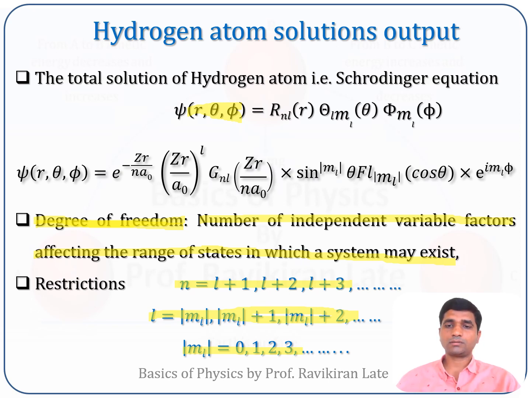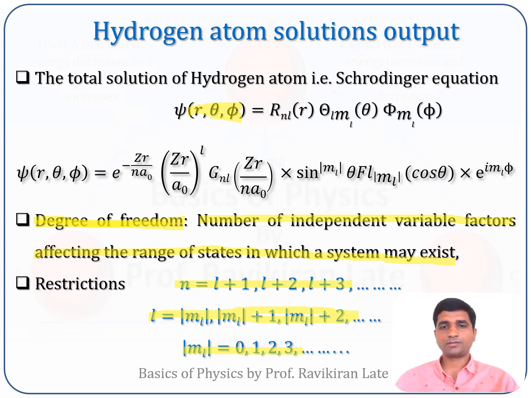These restrictions are nothing but the quantum numbers which we have been using from our earlier classes as well. From your lower high school classes, you might have used them in order to write the electron configuration of various atoms.